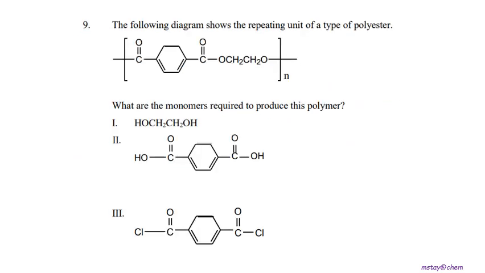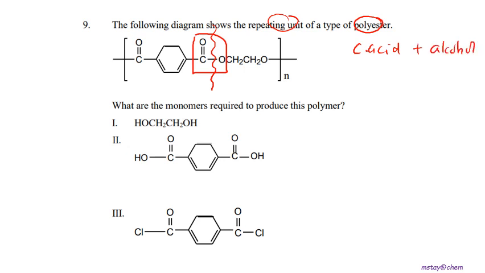Question number 9. The following diagram is the repeating unit for polyester. We can double confirm with the C double bond O, O here. If we want to get the monomer, we will break down the bond over here, and on the left hand side we can see C double bond O. Basically we know that polyester is from carboxylic acid with alcohol.